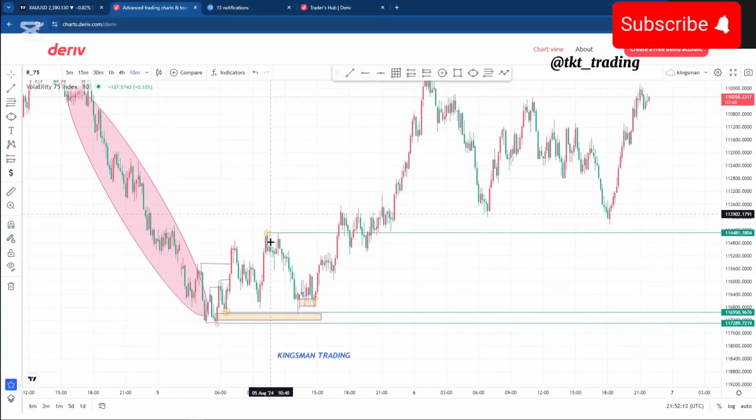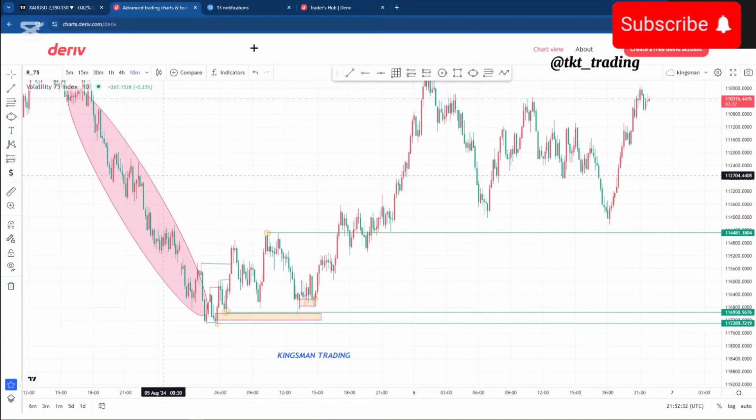For a demand zone, your demand zone is going to be the last bearish candle before the major movement. You understand? That's for a buy setup, because right here we're looking for buying opportunities. So I got my demand zone from a 5-minute time frame.